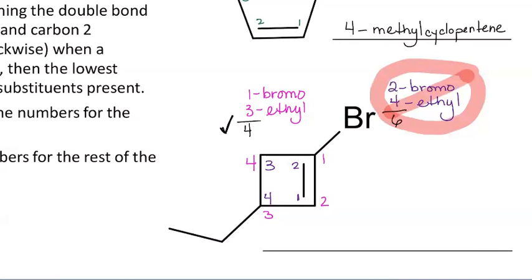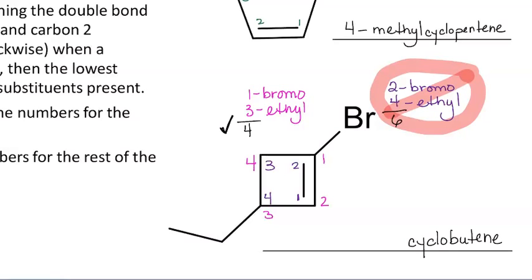So when we are naming this, okay, what is the last word, the name of my cyclic alkene? What would it be, you guys? I have 4 carbons and it's an alkene. Great job. Cyclobutene. Remember, no number for the cyclic alkenes. And then, as you can see, my substituents already have the numbers.